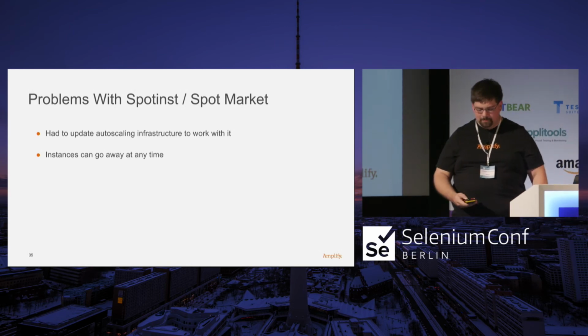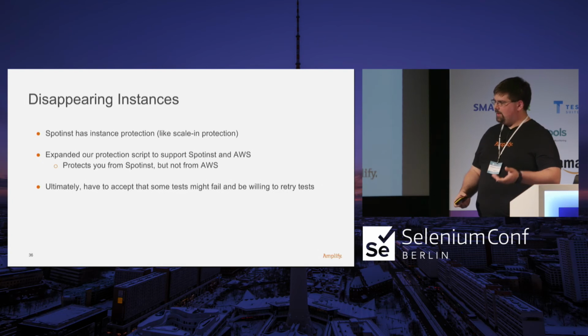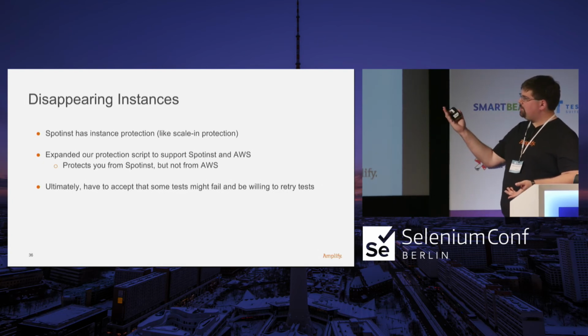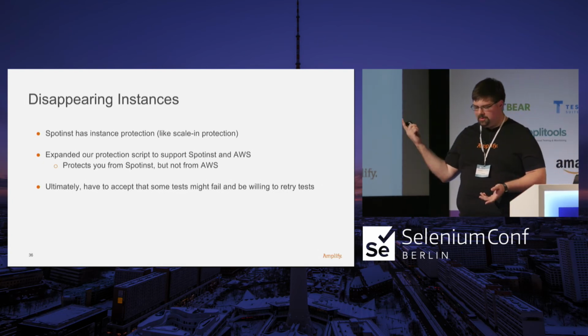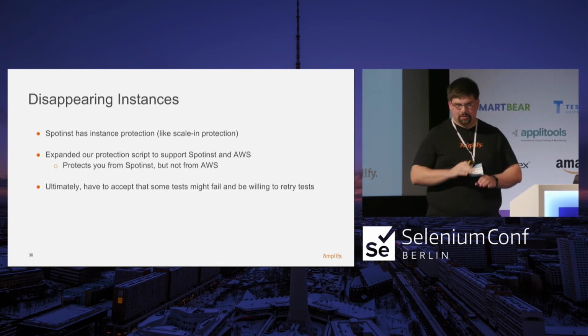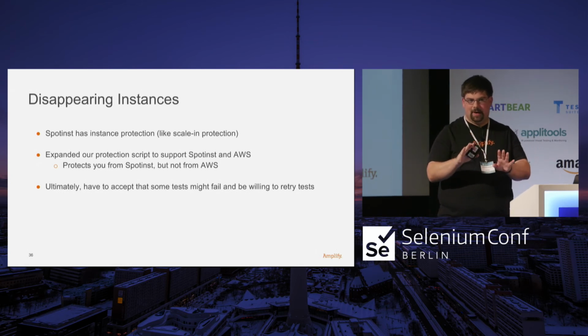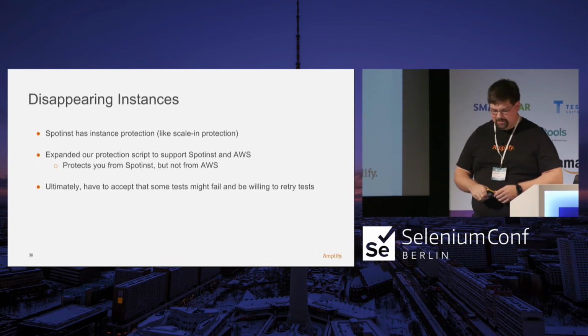This could happen. So our solution to that was Spotinst has this thing called instance protection. It's just like the scaling protection that I mentioned earlier. So what you can tell Spotinst is, okay, I understand that this thing is going to go away in 30 minutes. Just give me time. Let me work it out.